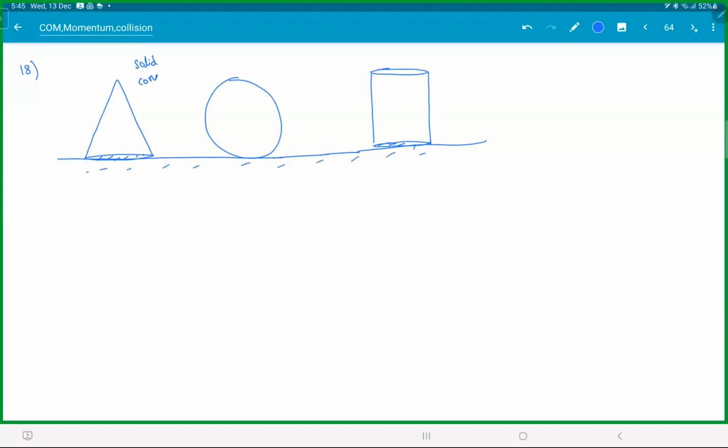Solid cone, solid sphere, solid cylinder.